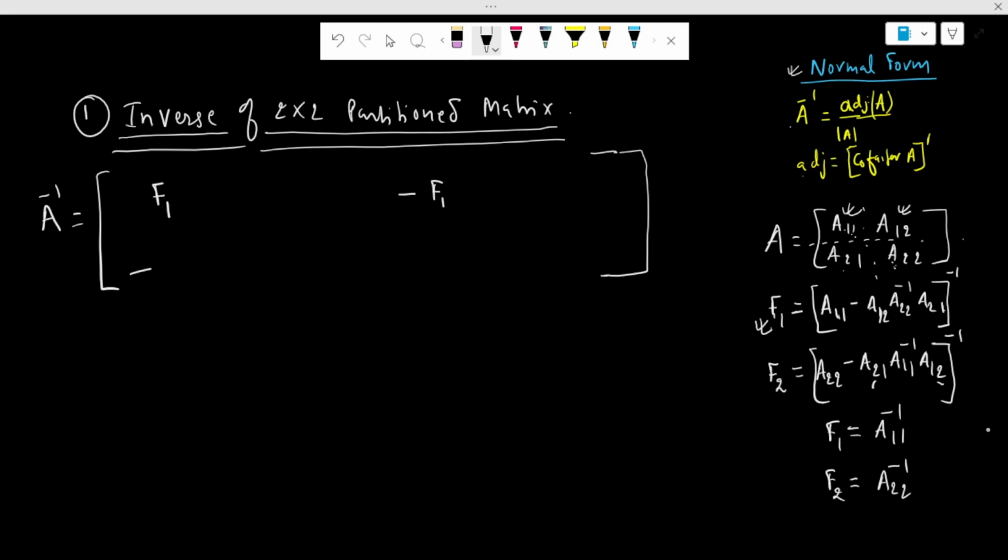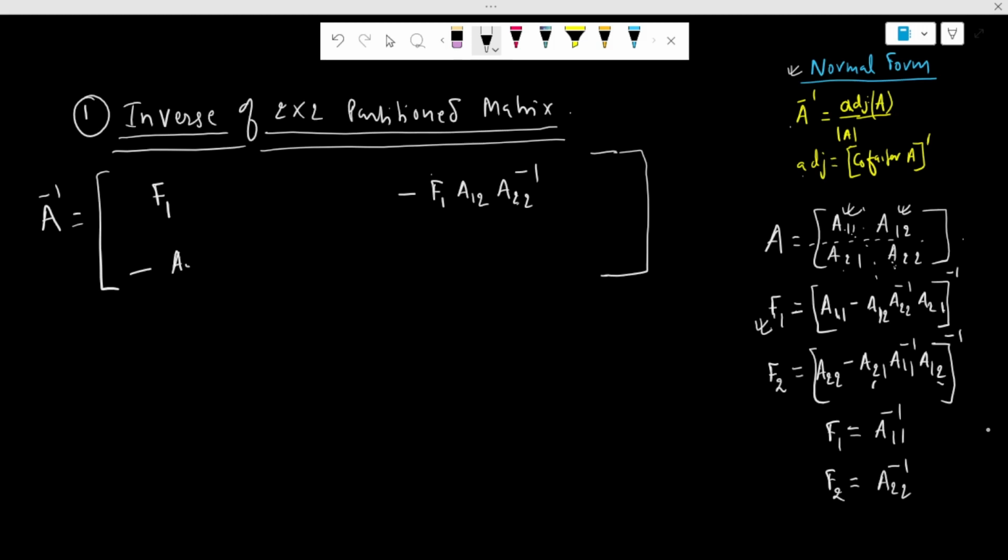Then we try to complete the cycle: F1 is equivalent to taking A11, then A12, then A22 inverse. Here we have started with the main diagonal elements. F1 is related with A11 and we end with A22. Similarly, for this position, if we add the number of row and column, it is odd. 2 plus 1 is 3, so we take negative, and we take the transpose of A12.